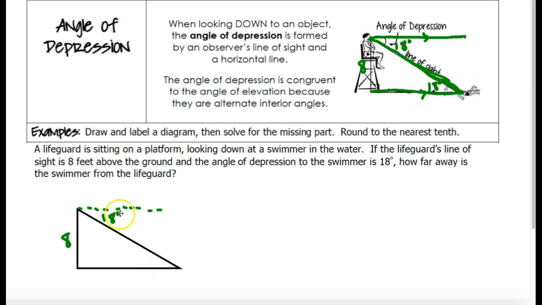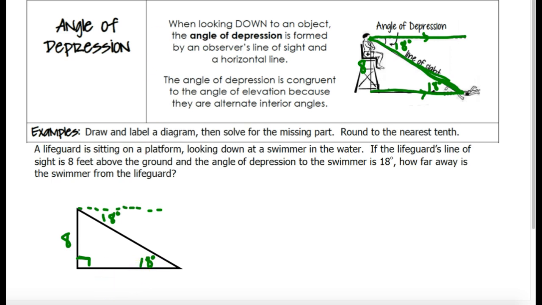But since this is 18 degrees, that means that this angle is 18 degrees. So when we are drawing a triangle, whether we're given the angle of elevation or angle of depression, that angle will go here, down here in our right triangle. Our goal is to find how far away the swimmer is from the lifeguard.